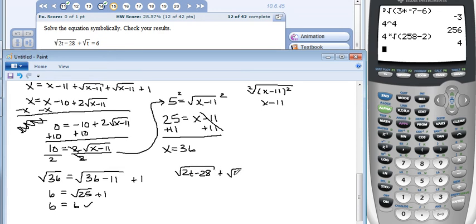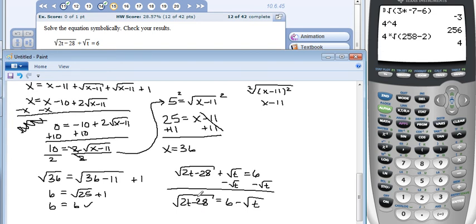square root of t over with the 6. Basically what you want to do is get one radical on one side and one radical on the other side. So we're going to have the square root of 2t minus 28 is equal to 6 minus the square root of t. Excuse me.